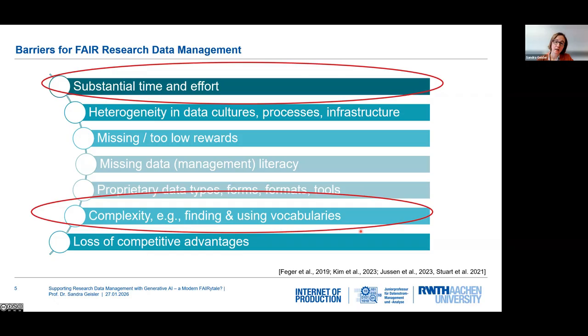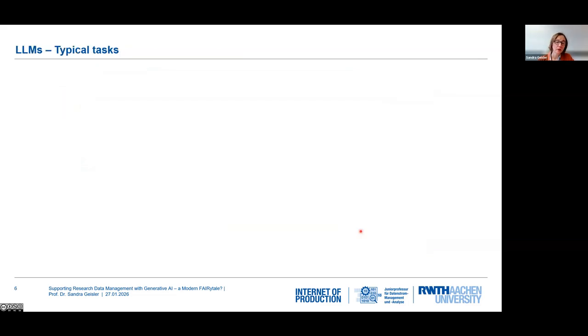So looking at large language models and generative AI, first of all, let's look at typical tasks, and then we will see how we can utilize them for research data management.